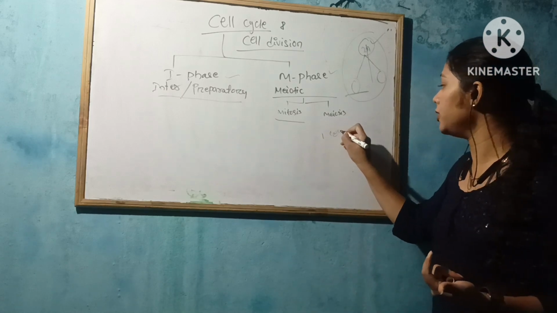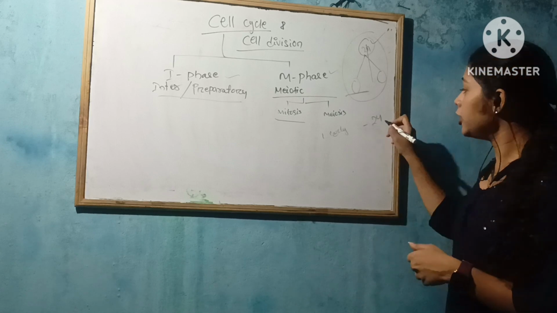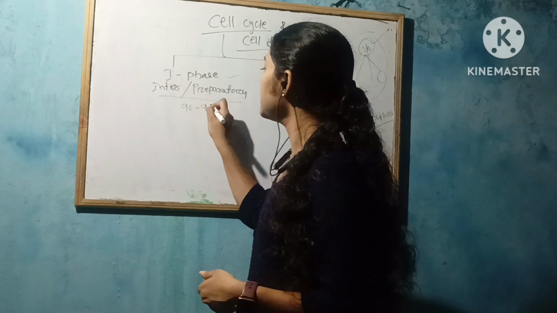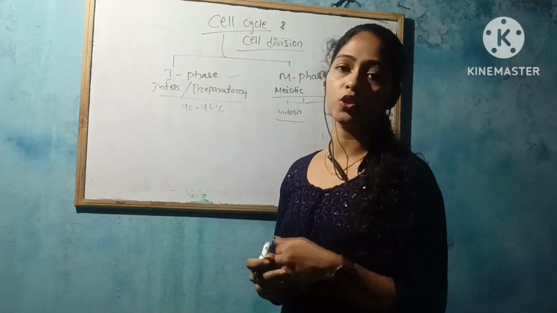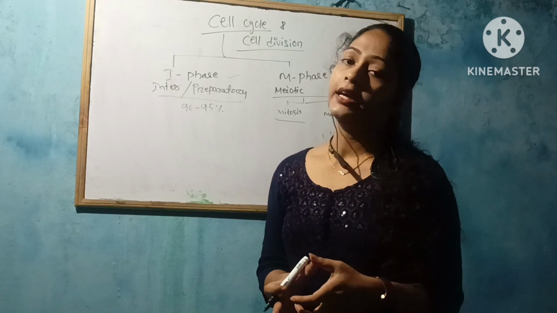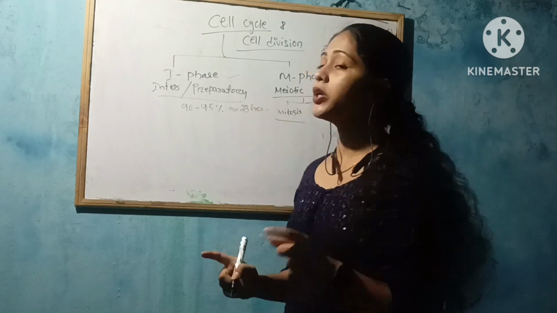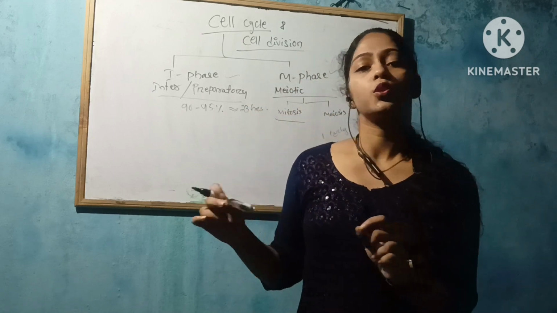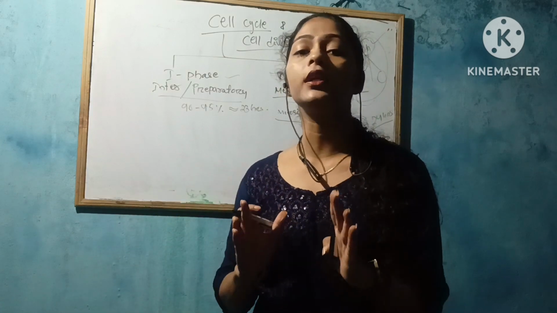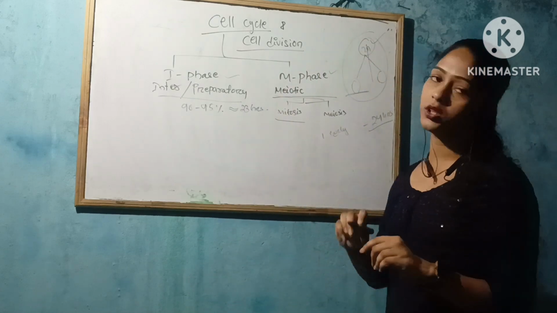Of these 24 hours, 90 to 95% of the time is occupied by interphase, which is equivalent to 23 hours. So the cell will remain in interphase for 23 hours. Only 1 hour is required to complete the mitotic phase.